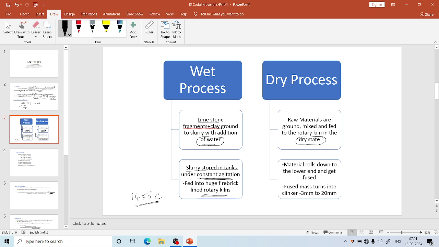In these rotary kilns, material rolls down from top to bottom and at the lower end, at high temperatures, gets fused and turns into clinker of size 3 mm to 20 mm. So this is the brief manufacturing process of cement. The main difference is that in the wet process fuel wastage is more, because we are adding water, and finally for the formation of clinker nodules the fuel we use is more. In the dry process, we can save this.